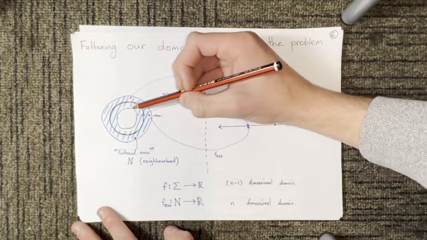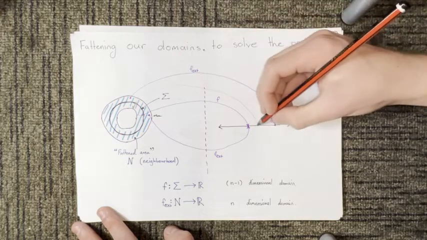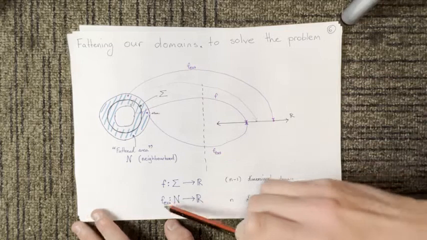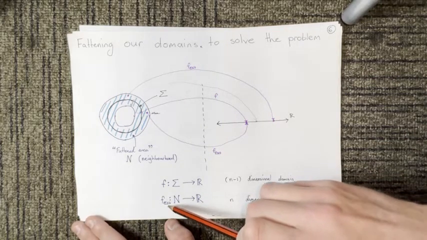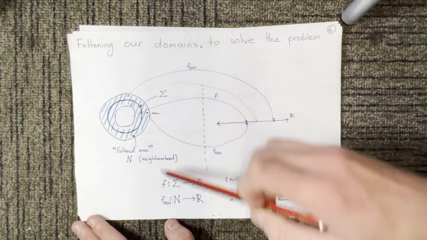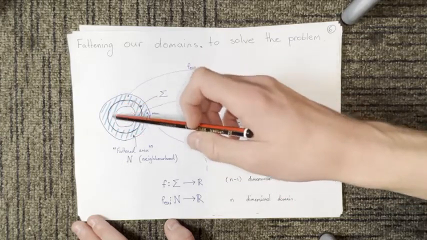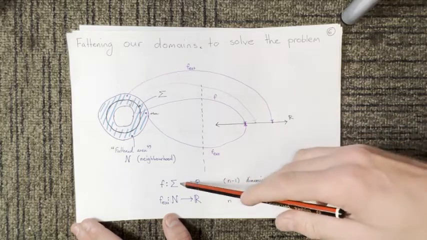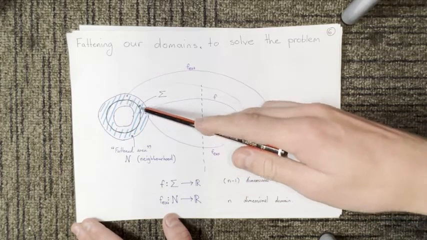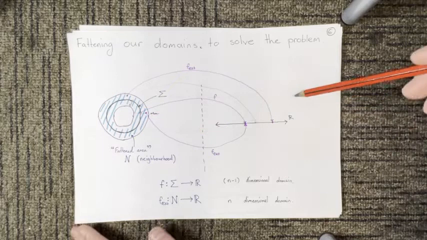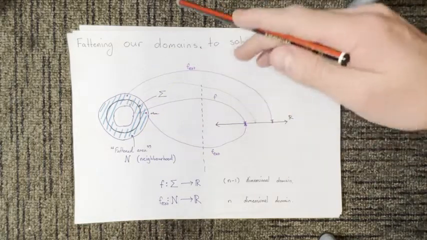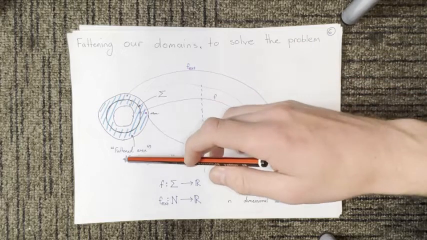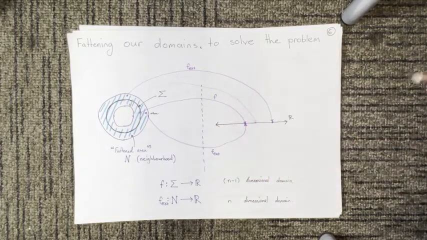So this point here is now associated with this value here. So our extended function is now operating on the domain of this fattened ring, and it takes to R, whereas our original function was from the one-dimension-less object, which was the circle. And the actual name for this fattened area is the neighborhood, and we denote it by this calligraphic N.